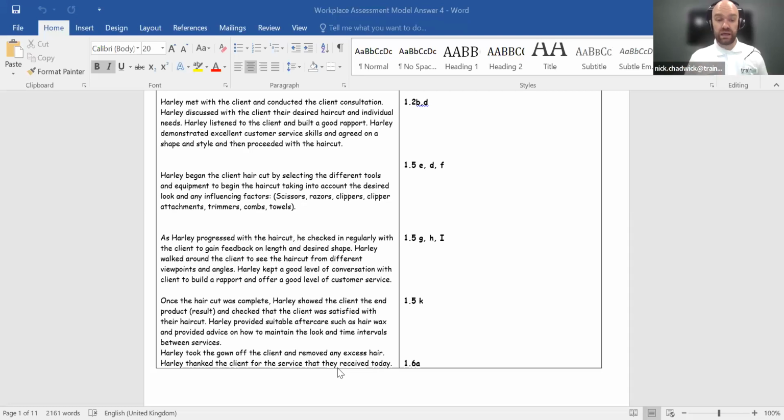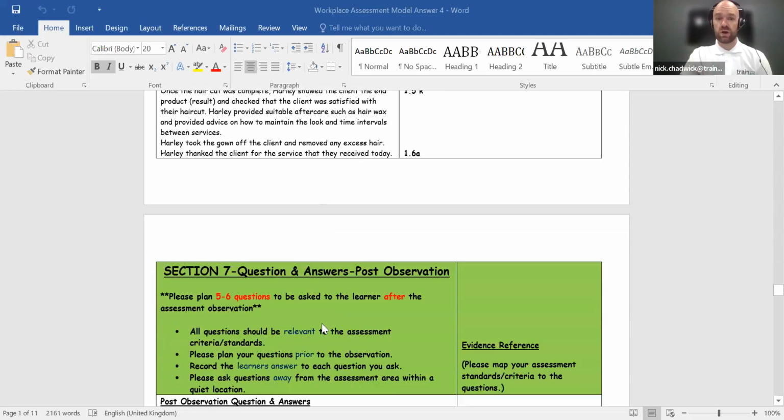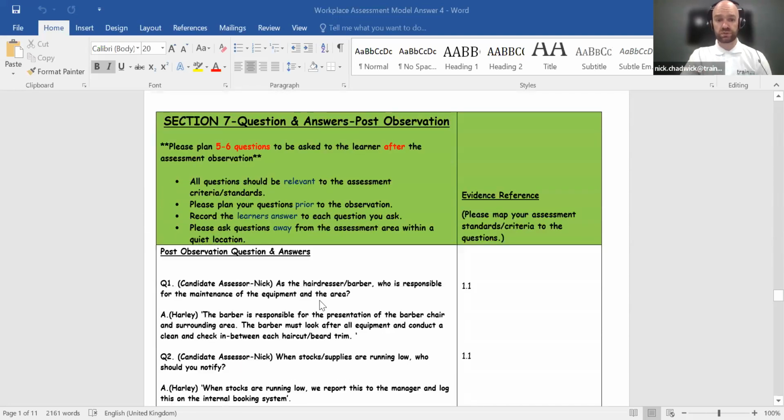I have seen him provide the customer with a receipt as well, and the assessment has come full circle. But once again, you can use the observation form, which can be handwritten by you, or it can be typed as well. Okay, so please do complete a page or maybe 2 pages maximum of the observation report.